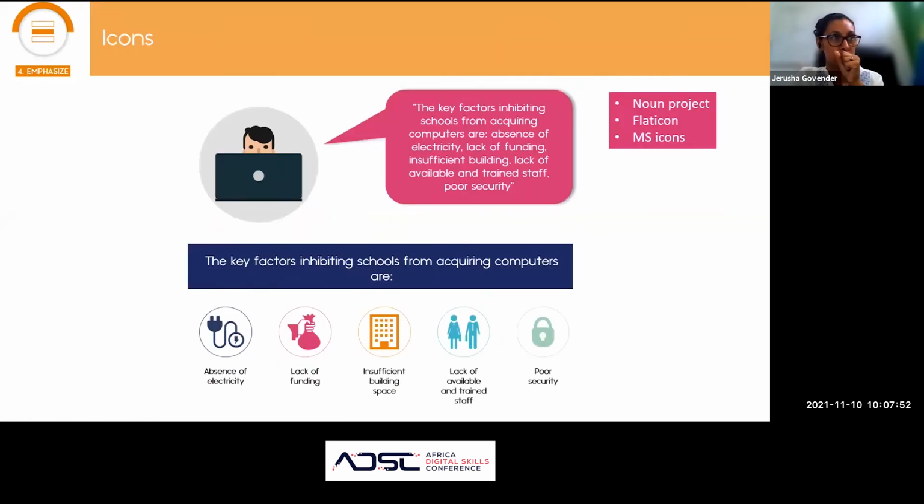And then lastly, there's the use of icons. So on the right-hand side, you'll see we've got some examples where you can access icons.